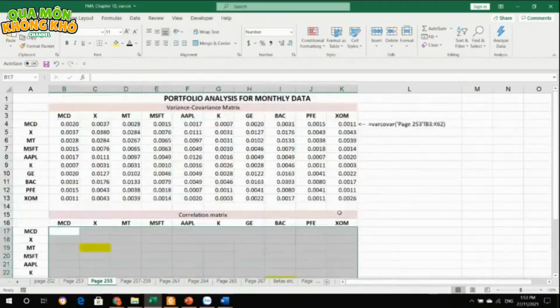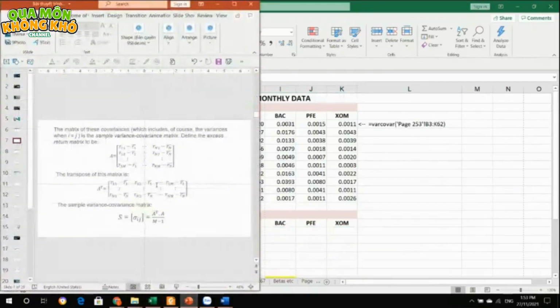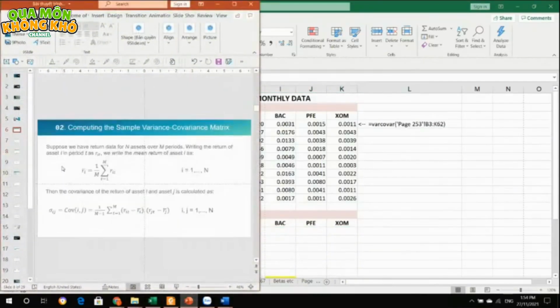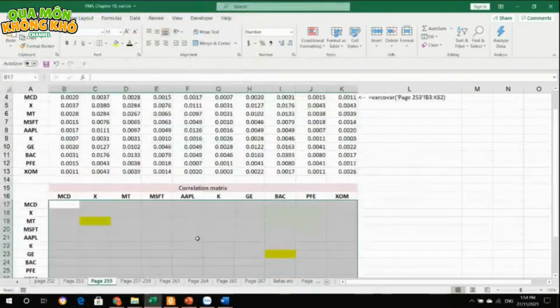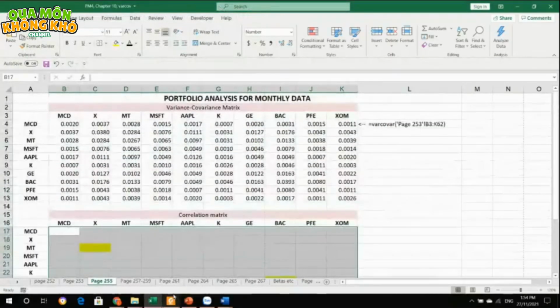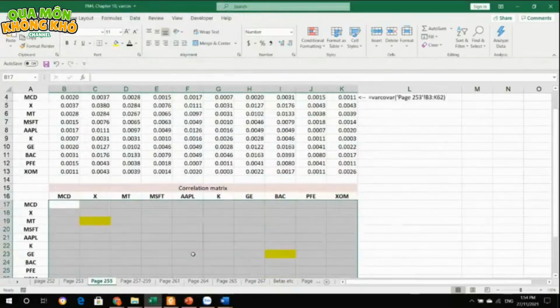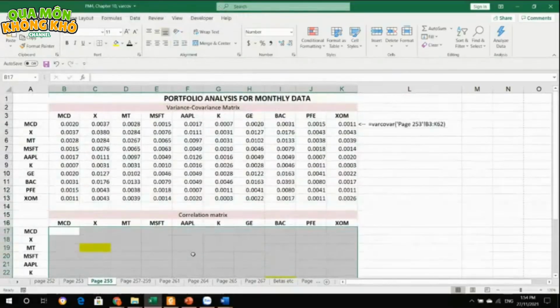Show me the formula between the correlation and the covariance. First of all, show me the formula between the correlation and covariance. And I believe that you already know this formula.